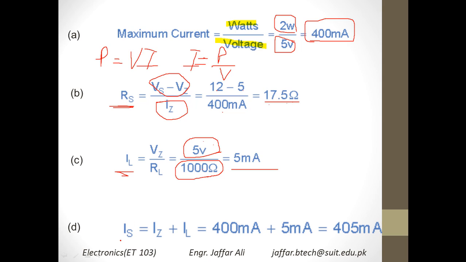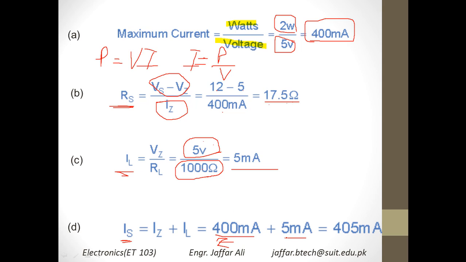In the last, you can easily sum these up using KCL. You know that the current entering the node should be equal to the current leaving the node. So using the same formula, the total current supply that you would require from that power supply is 400 milliampere for the Zener and 5 milliampere for the load.